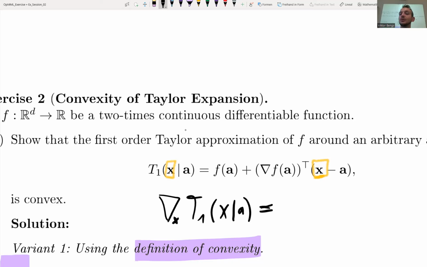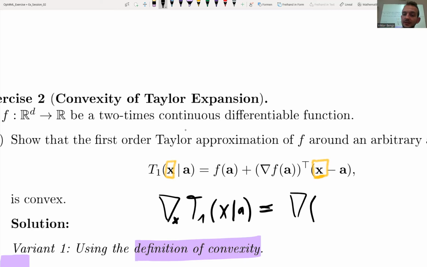So if you look at the partial derivatives, what remains is only the constant term in front of that. And the constant term in front of that is the gradient of f.